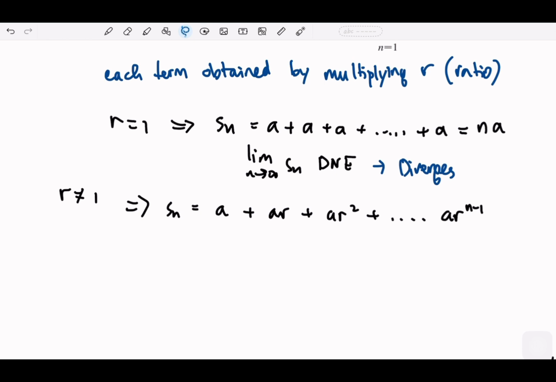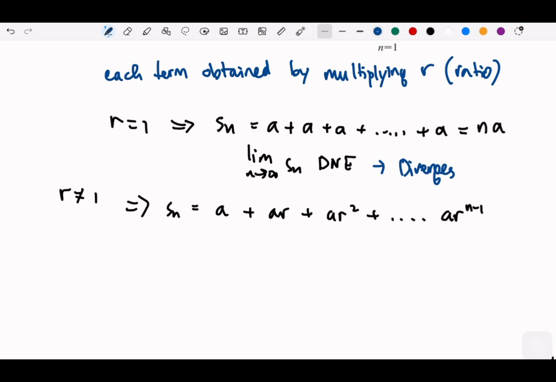he discovered this when he was still in elementary school, which also surprised me. So what he did was multiply all of this by another r. I will write that as a second equation.